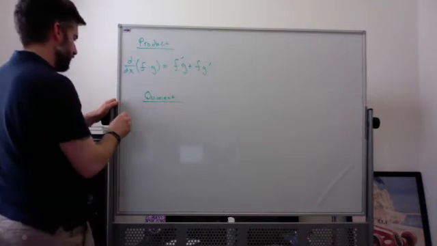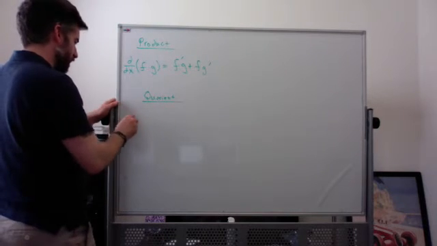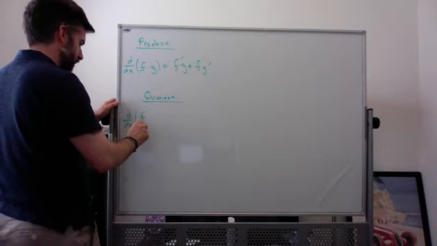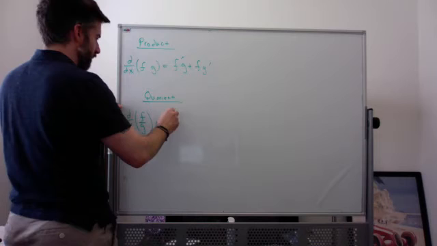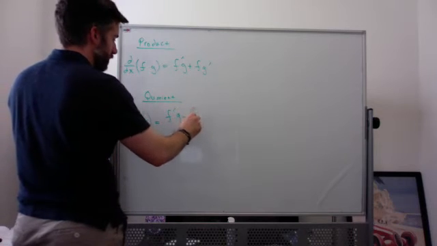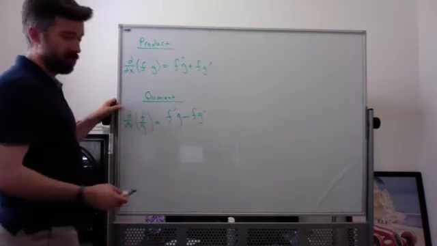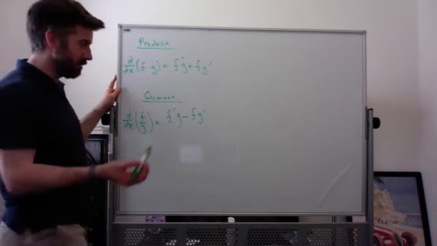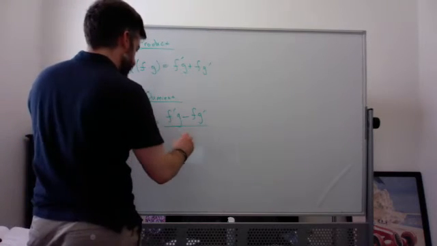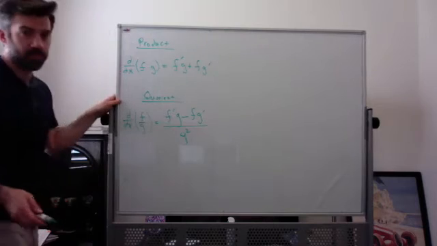The quotient rule says that if you have the derivative of the quotient f divided by g, the derivative is f prime g minus f g prime. So far, almost exactly the same as the product rule, except we're subtracting instead of adding. But then you divide by the denominator squared.